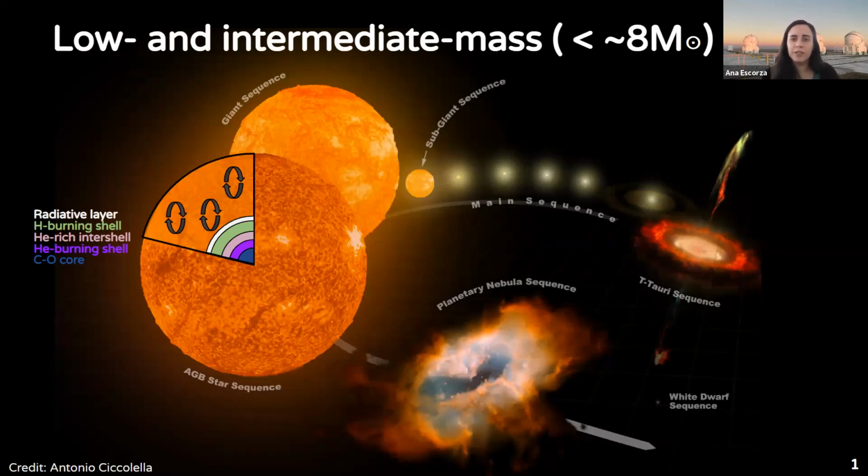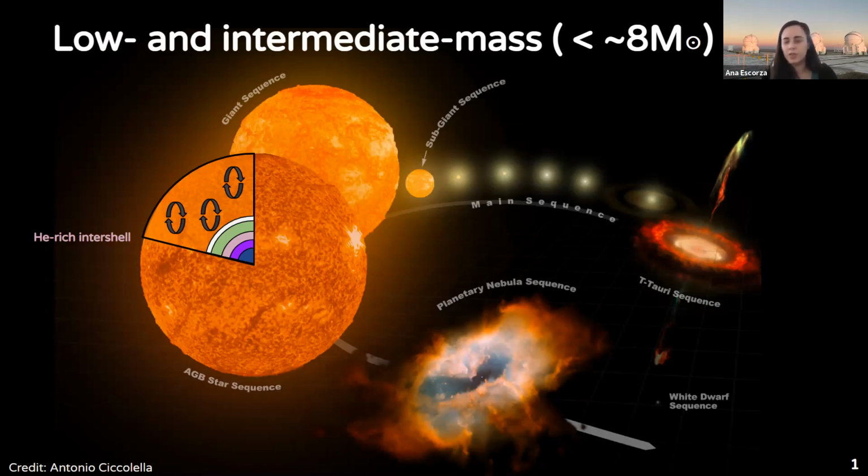And why are AGB stars important, not only for stellar astronomers interested in low and intermediate mass stars, but for astronomy and astrophysics in general? Well, the answer is that the helium-rich intershell that I just showed you is the main astrophysical site of the S process of nucleosynthesis, the slow neutron capture process of nucleosynthesis.